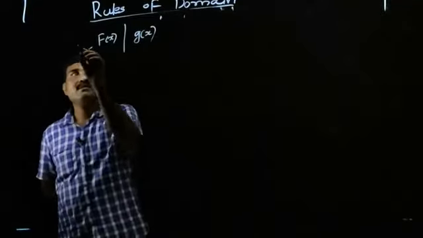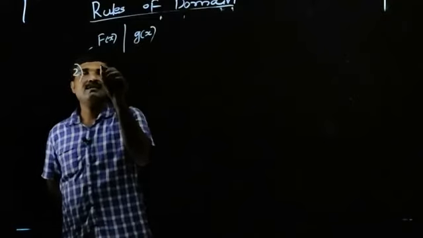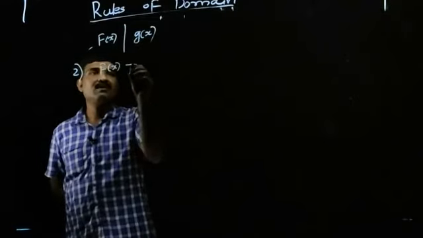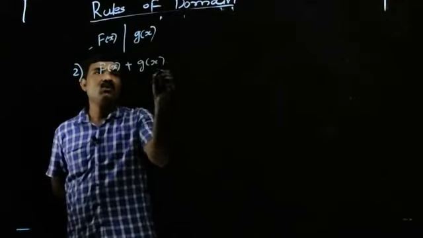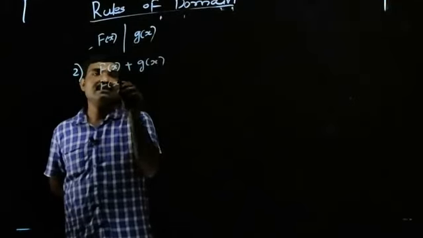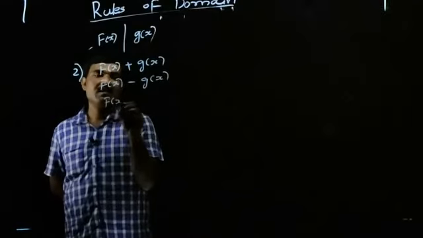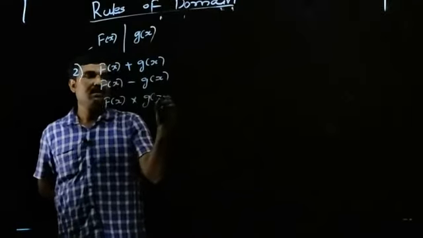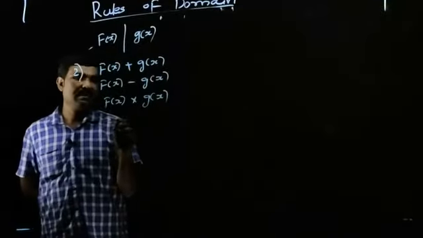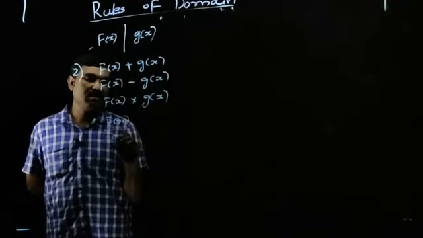Suppose this is our second case. Either the function may be f of x plus g of x, or f of x minus g of x, or f of x multiplied by g of x, or f of x divided by g of x.